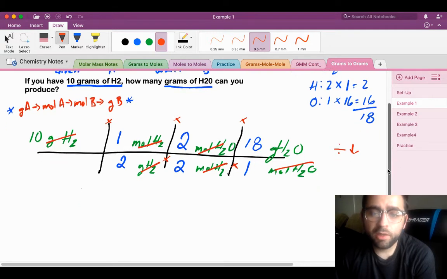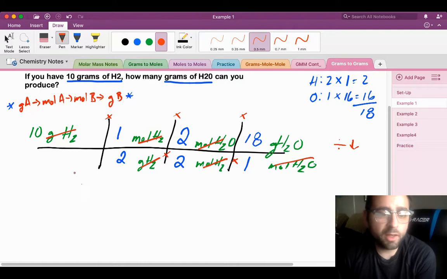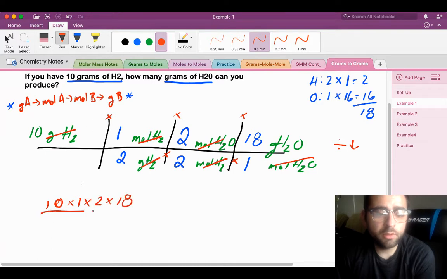So let's plug in our numbers. So at the top, I get 10 times 1 times 2 times 18, divided by, in the bottom I have 2 times 2 times 1.